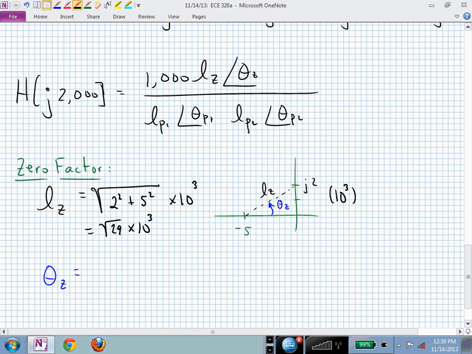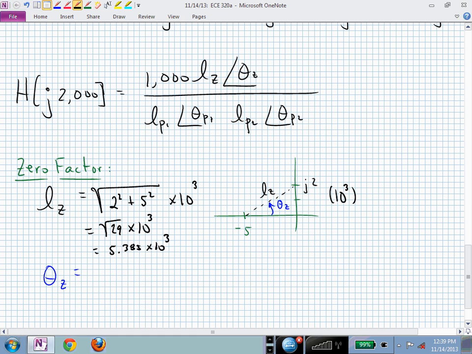The square root of 29 is a little bigger than 5, the square root of 25, and a little smaller than the square root of 36. So I'm somewhere between 5 and 6 in terms of distance scaled by 1,000. If you actually compute that, you end up being at 5.385 times 1,000. That's L sub z. Is it clear where that's coming from?